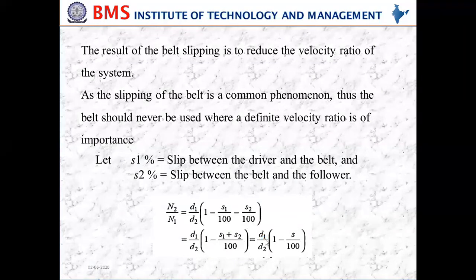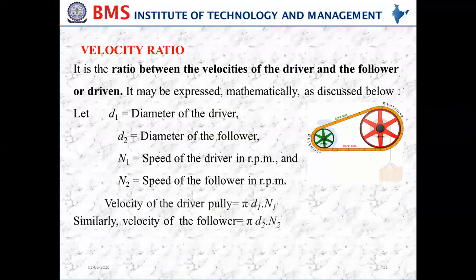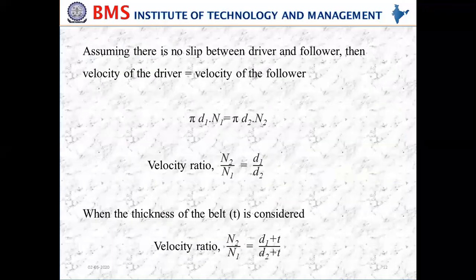So these are the three equations, depending on what is given and whether you have to consider the thickness, or slip, or creep. If these are given in the problem, then depending on that, we need to use the different equations of velocity ratio.